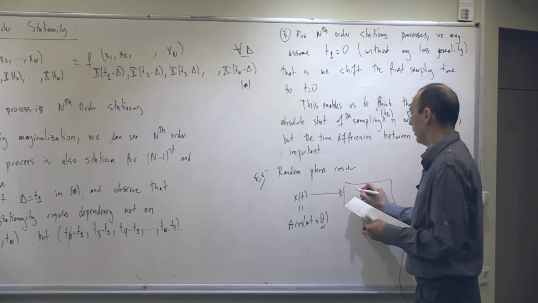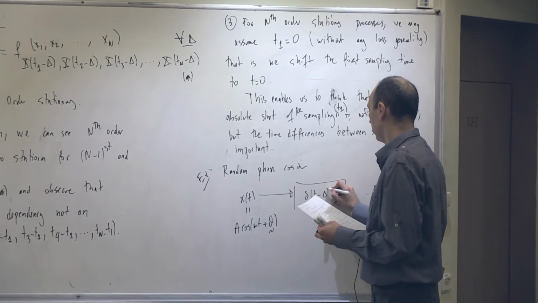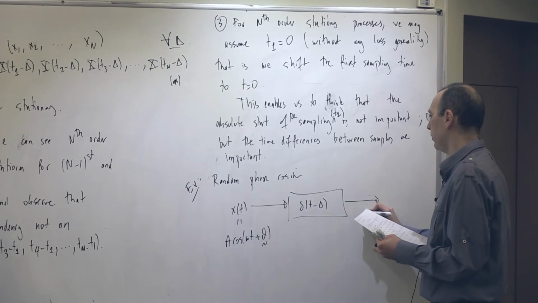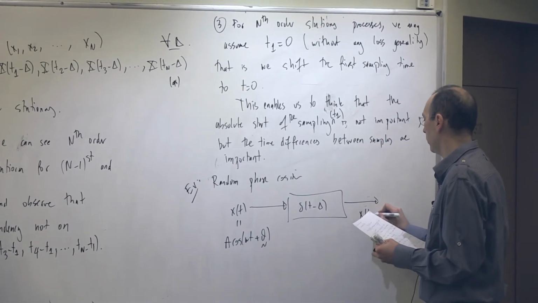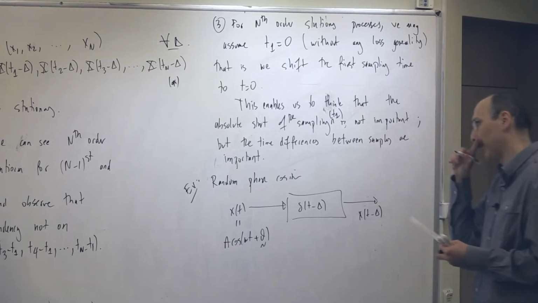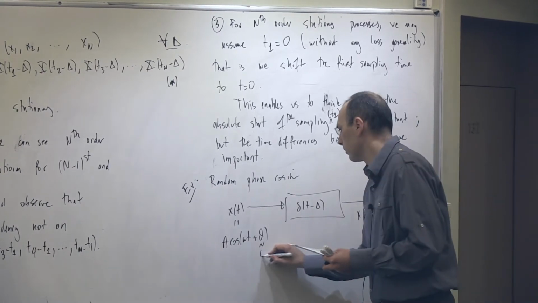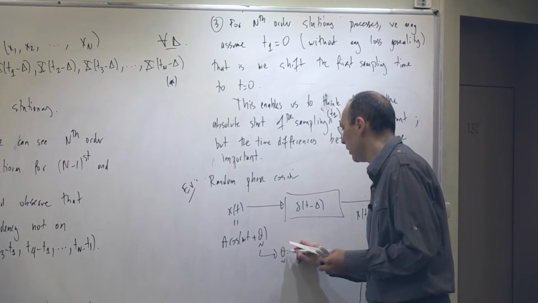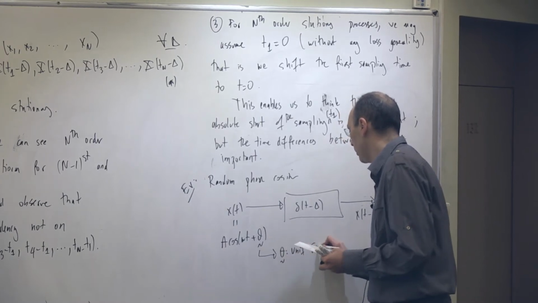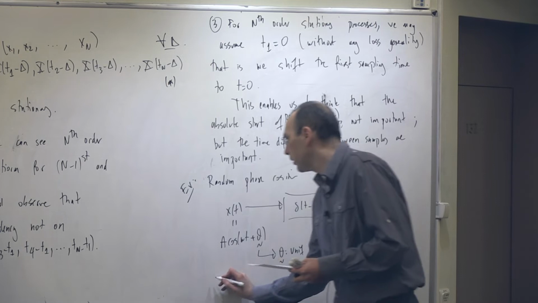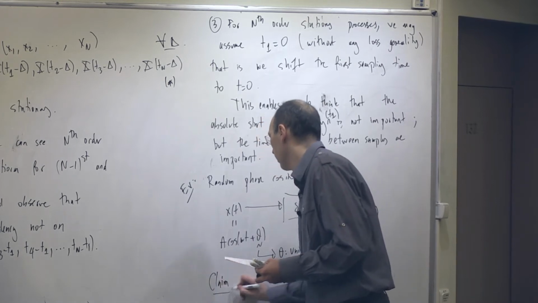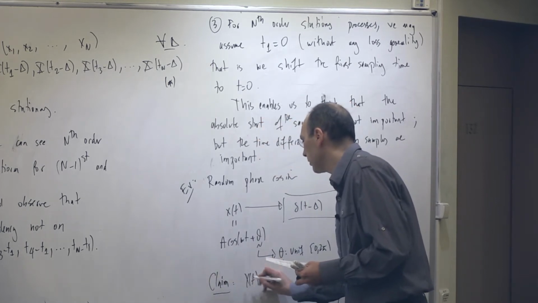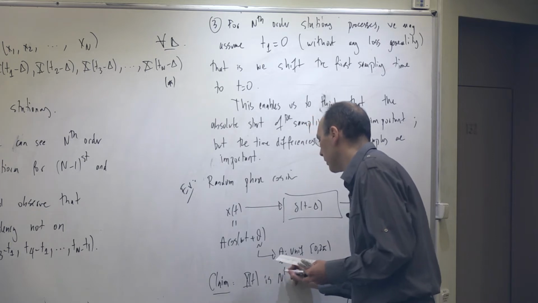This is delay system. And we have x of t minus delta. Okay. Now, theta is uniform 0 to pi. So I claim that x of t is nth order stationary.